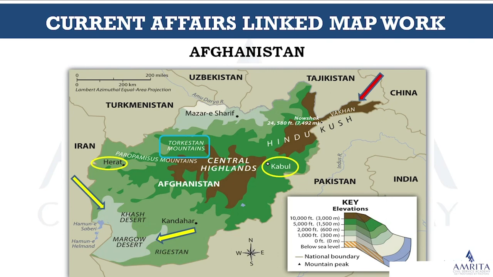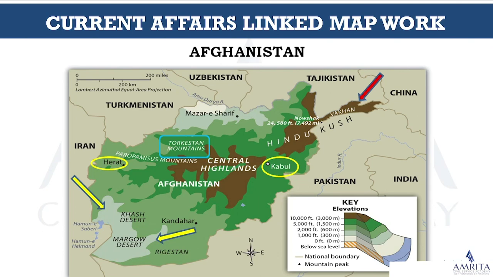It is marked by that yellow arrow. Then Turkestan Mountains. Then Wakhan region, that is the tri-junction, that is connecting India, Pakistan, and Afghanistan, and China as well. So see these places: Masari Sharif in the north, then Kabul, then Herat.